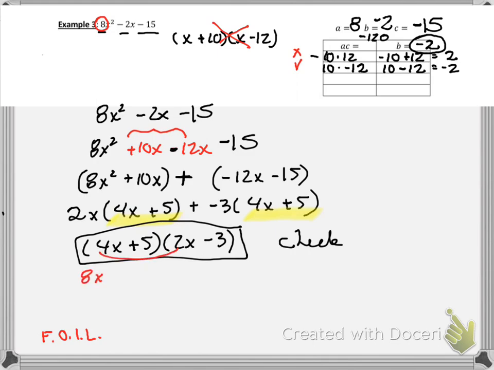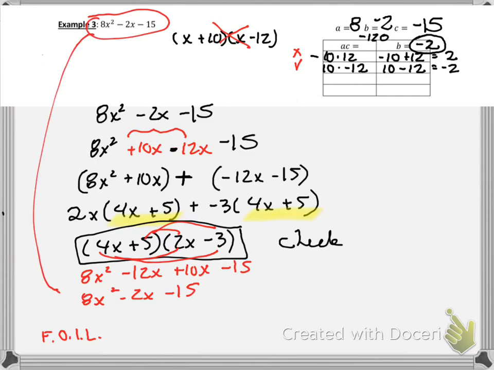First, we have outer, then we have inner, and then we have last, minus 15. Again, we have proven to ourselves that we ended up with the exact same thing that we started with. Those are the same. So that means that the final answer is what we had in factored form right here.